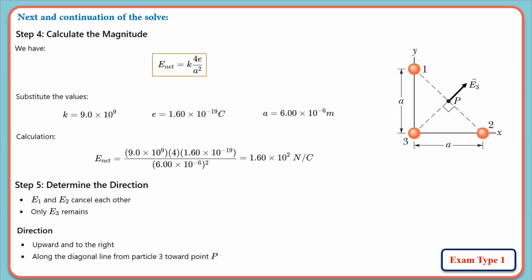Therefore, the net electric field at point P is directed upward and to the right, along the diagonal line from particle 3 toward point P. And this completes our first electric field example. Now let's move to the next important exam type problem.